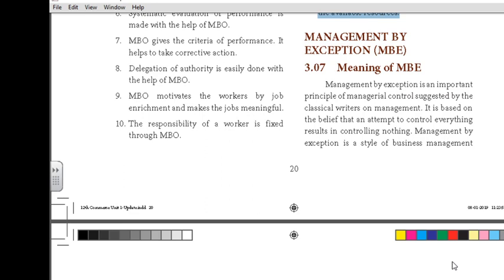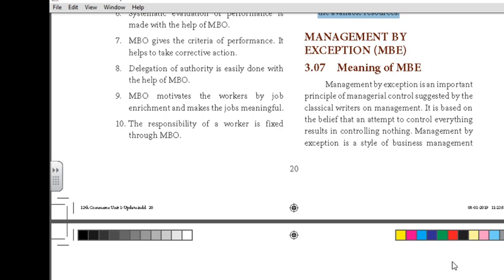Next, management by exception is an employee empowerment and management style, policy or philosophy wherein managers intervene only when their employees fail to meet their performance standards or when something goes wrong.